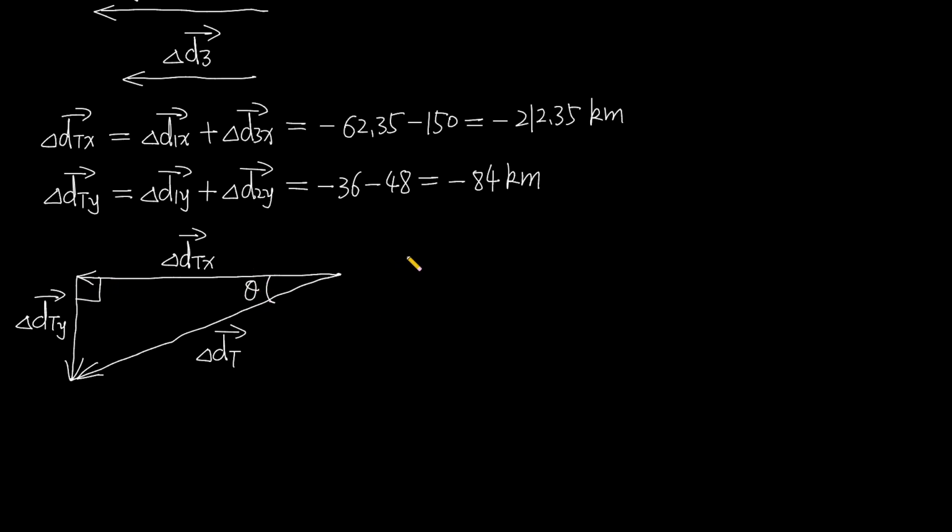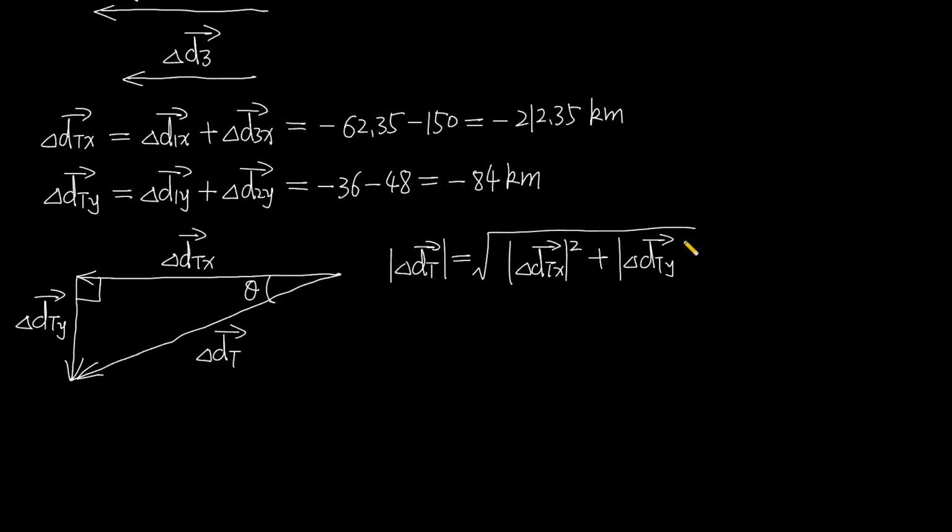Now from the graph we can know that the magnitude of vector delta DT just equals square root the magnitude of delta DTx square plus the magnitude of delta DTy square.